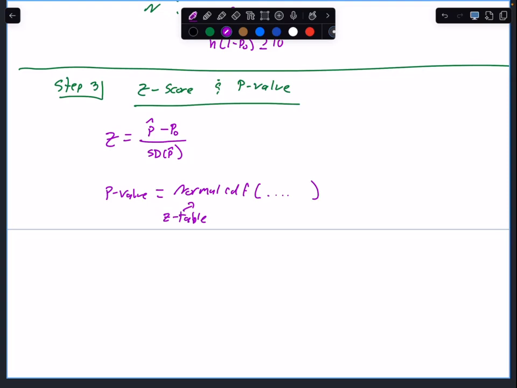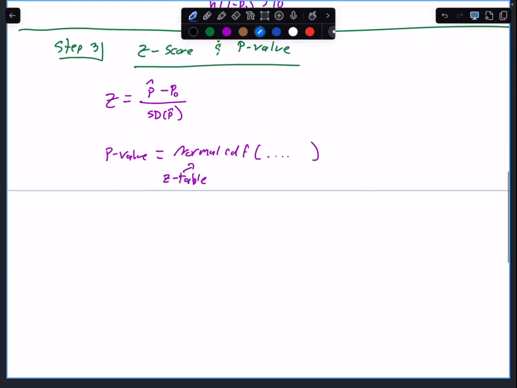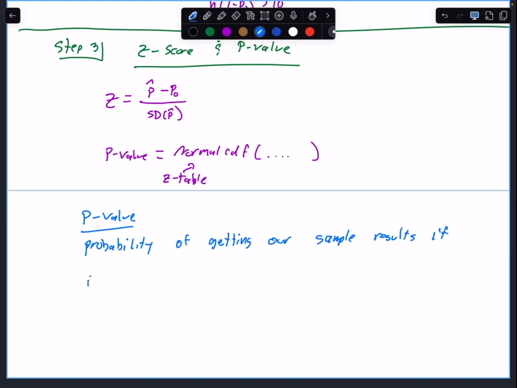A p-value is the probability, so a p-value is a probability of getting our sample results if the null hypothesis is true.